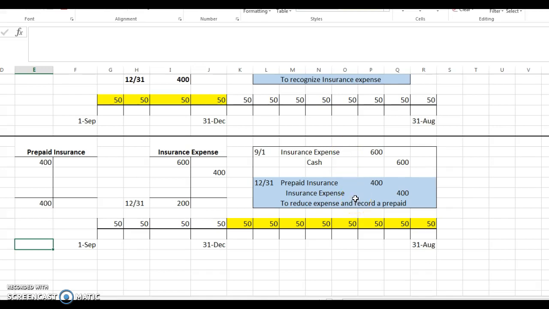That would be too high. We would be understating our net income and overstating our expenses. That would be the result. The adjusting entries are very important to be aware of in an accrual environment. And again, they capture the timing differences.